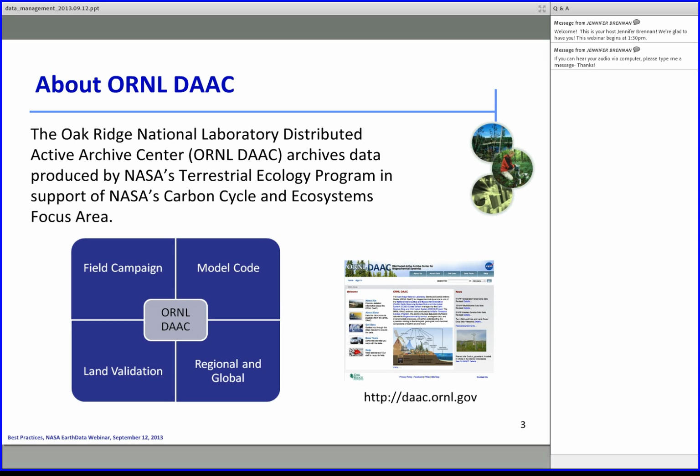Just to give you a few examples, back in 2000, there was the Safari 2000 campaign in Southern Africa. Just recently, we've been archiving data from the Amazon on a project called LBA. And in the future, we will be archiving data from North America as part of the NACP campaign.